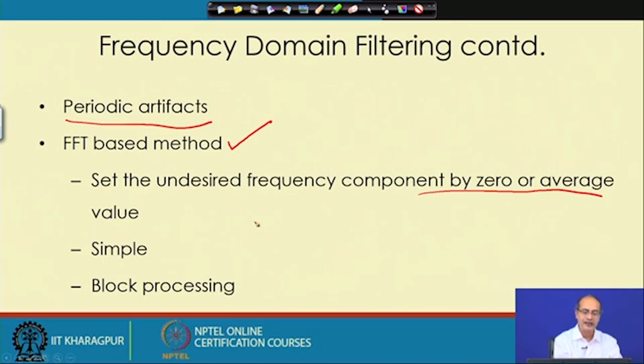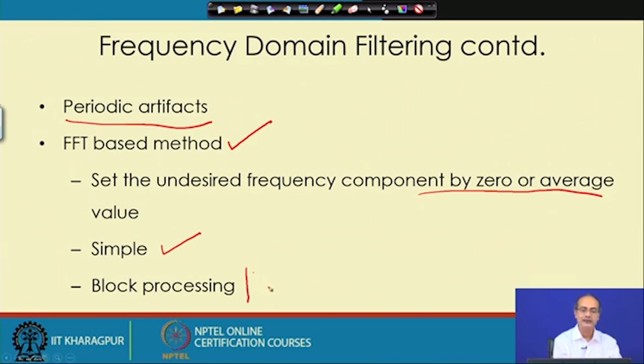Now, the biggest advantage of it is that it is simple, but it has one special characteristic: it is a block processing technique. It needs a block of signal to do this operation. Though it is simple, that makes one difference: unless we have a block of signal, we cannot process it and give the output.